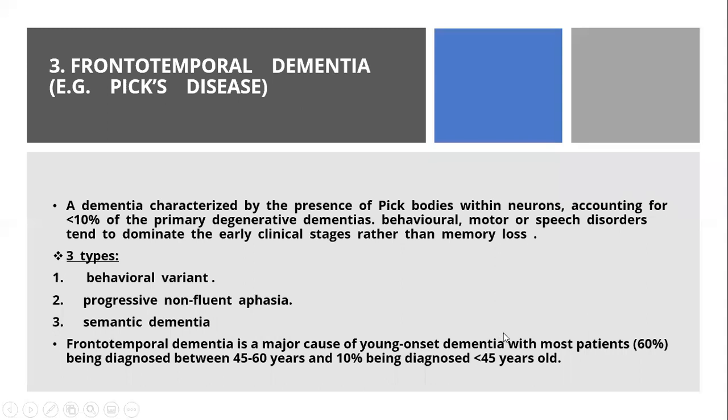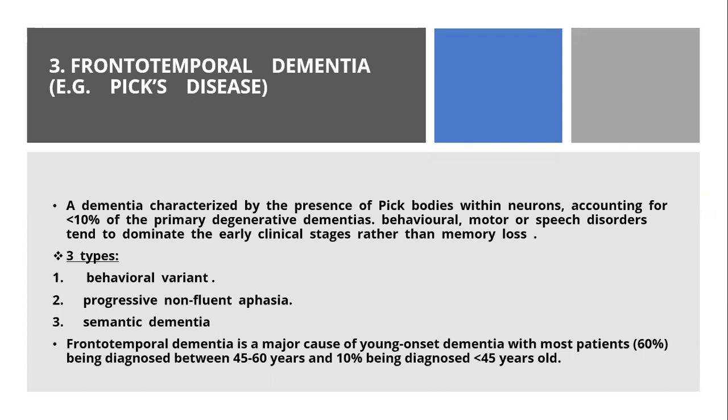Third type of dementia, we have frontotemporal dementia, Pick's disease. Dementia characterized by the presence of Pick's bodies within the neurons, accounting for less than 10% of the primary degenerative dementias. Behavioral, motor, or speech disorder tend to dominate the early clinical stage rather than memory loss.